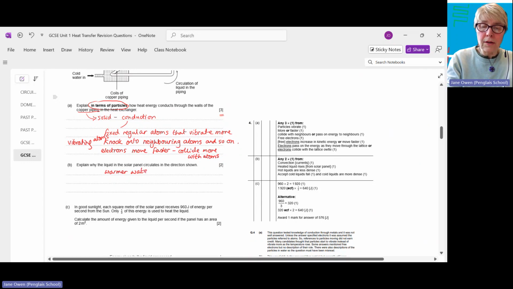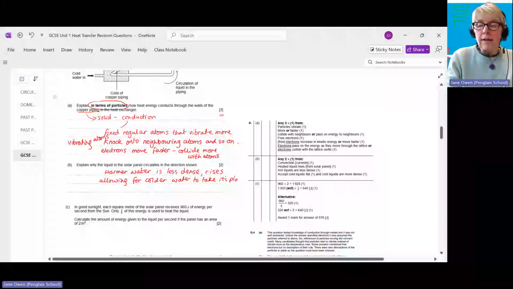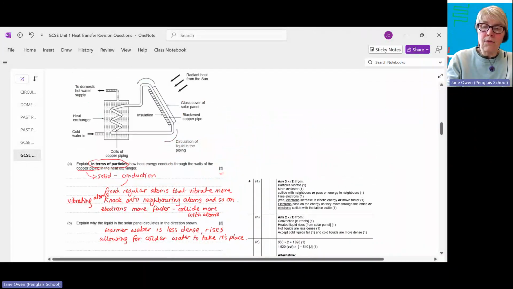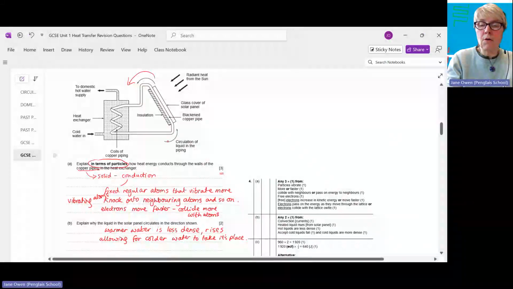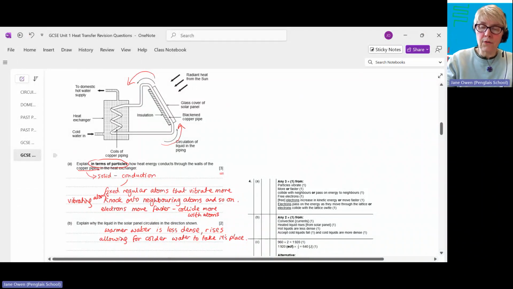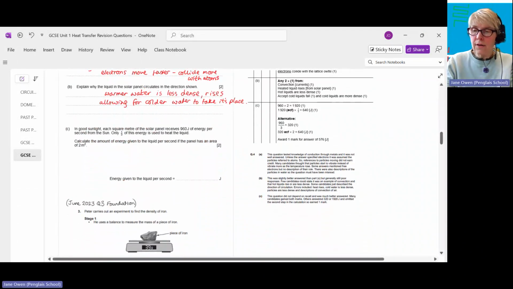But warmer water is less dense and so rises, allowing for colder water to take its place, to take the place of where it was. And that forms a convection current in the direction that they've shown with these arrows. So the hotter water will rise up here and the colder water will come in here and it forms this convection current.